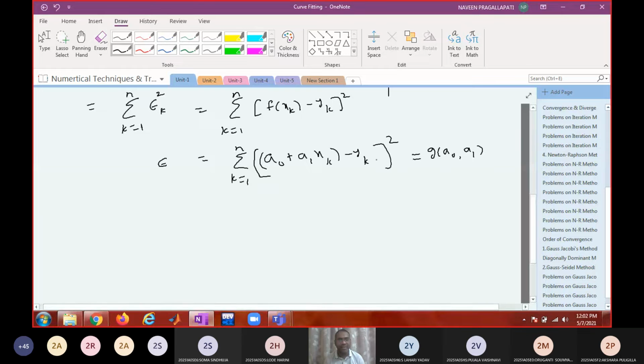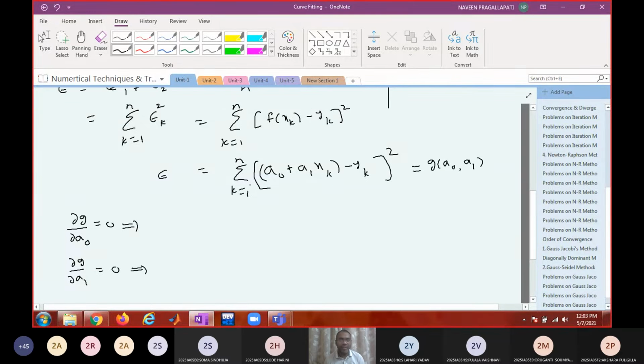So you just find those things. Find dou g by dou a naught and equate it to 0, and find dou g by dou a1 and equate it to 0, and try to find a naught and a1.